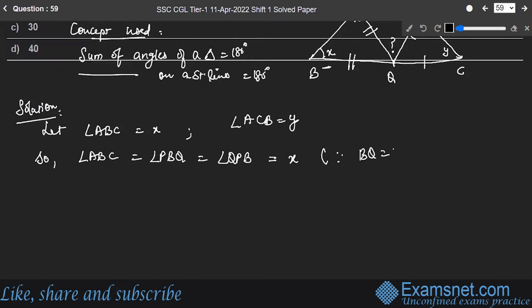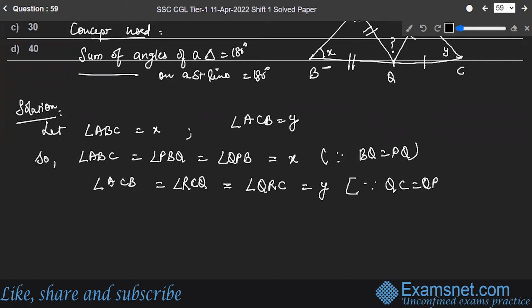Because BQ and PQ are equal. Also, angle ACB is equal to angle RCQ is equal to angle QRC is equal to Y because QC and QR are equal.